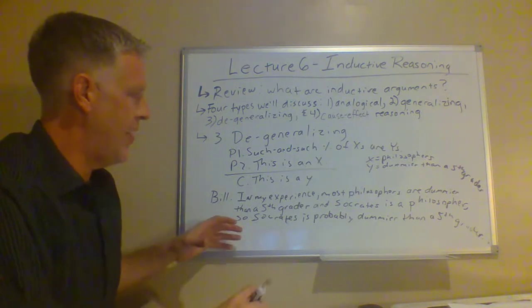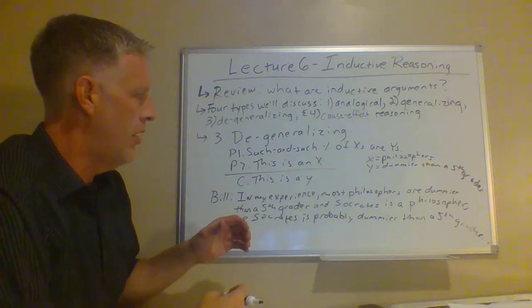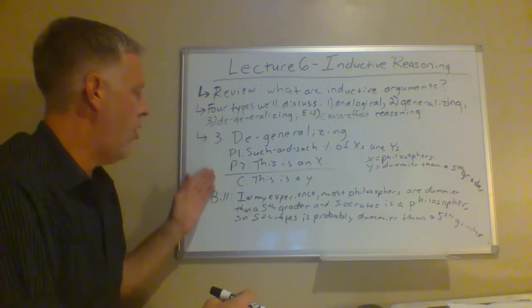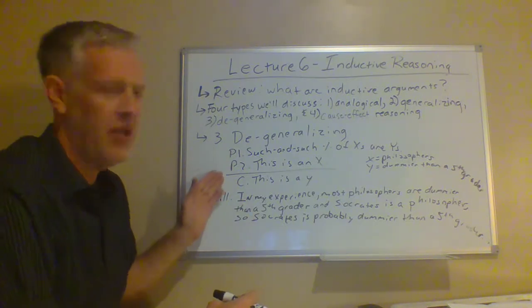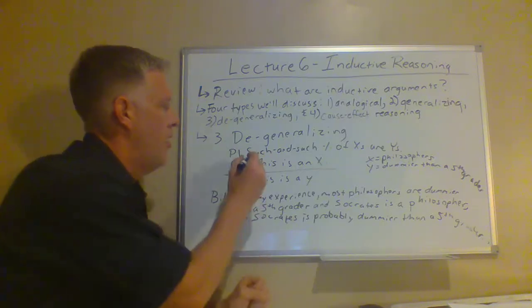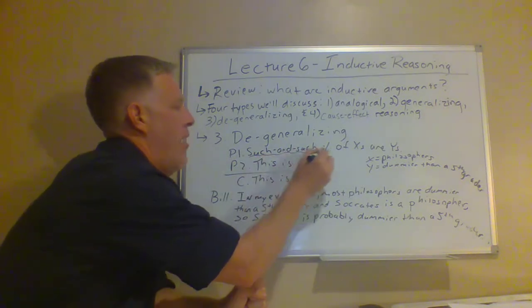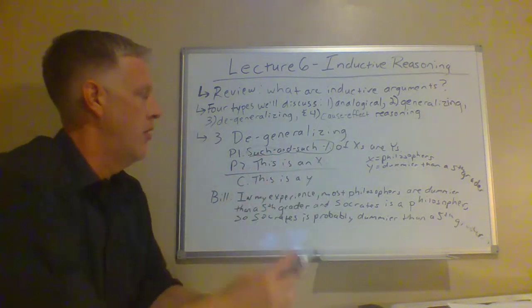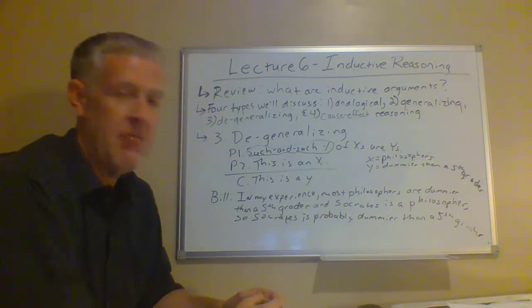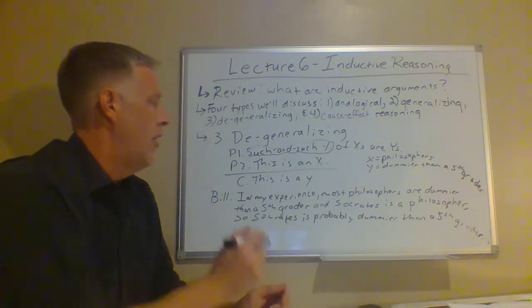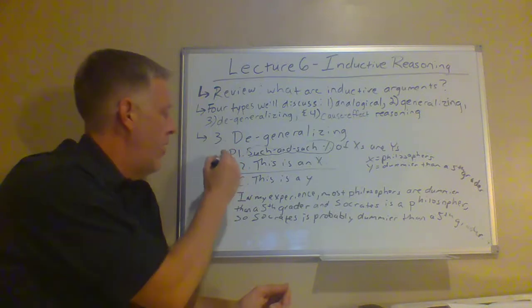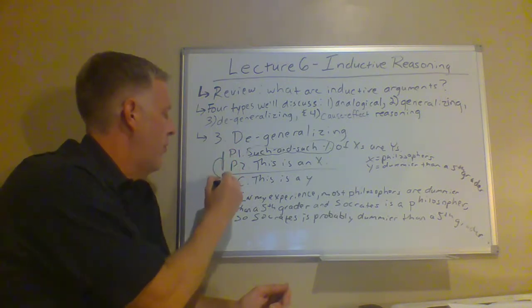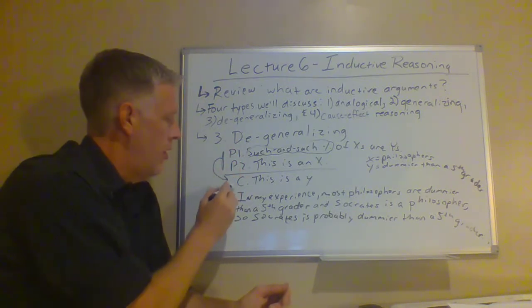So that's an example. And how strong the de-generalizing is would depend again on how this is couched, right? Most, 99%, well, that's going to be pretty darn strong, right? Again, we don't care if that's actually true. If it were true, well, then it would really support this conclusion.